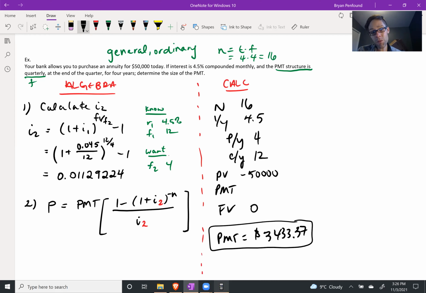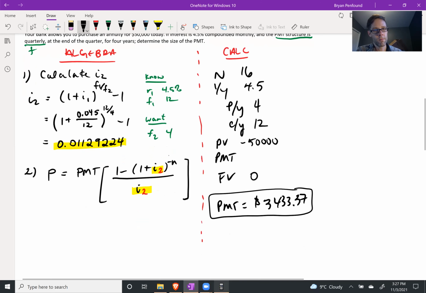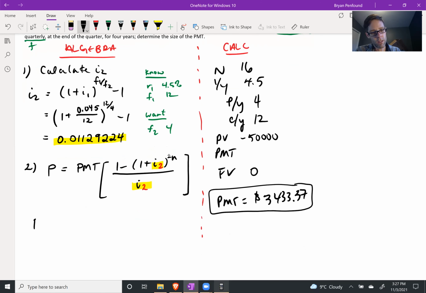Now we can substitute this number that we calculated directly in to where you have the highlighted terms. Okay, so to help us calculate PMT, we can input what we know our fair market value is.